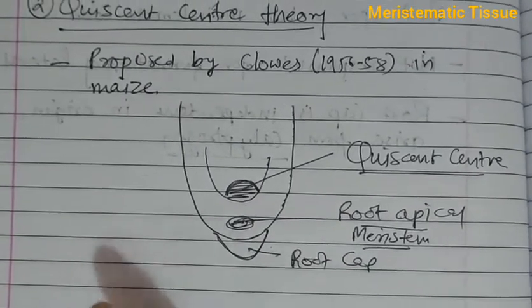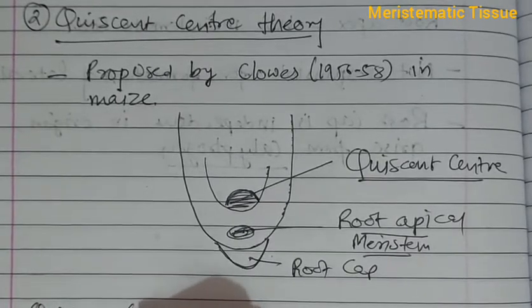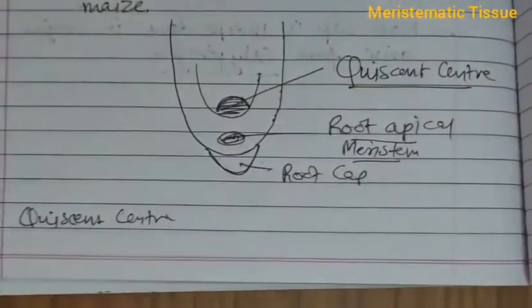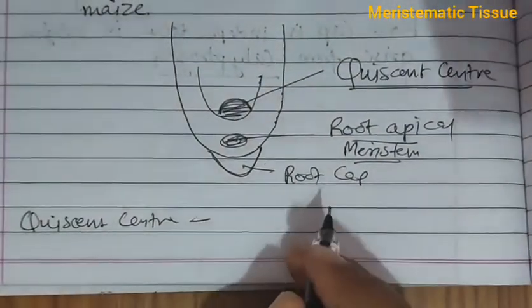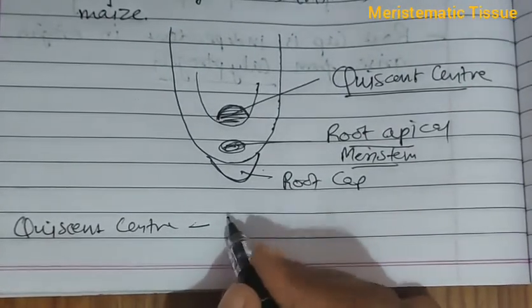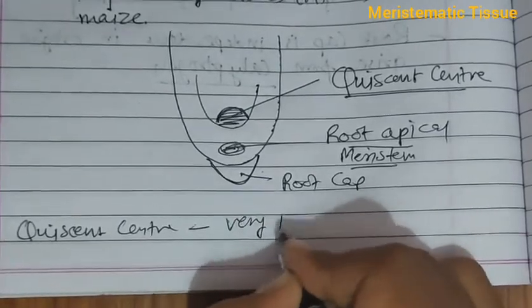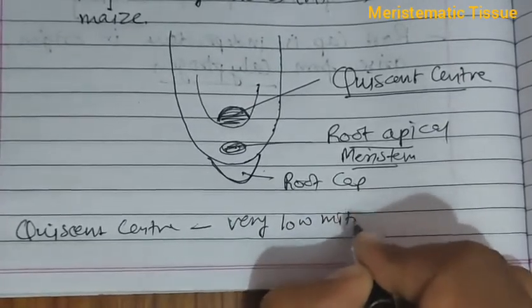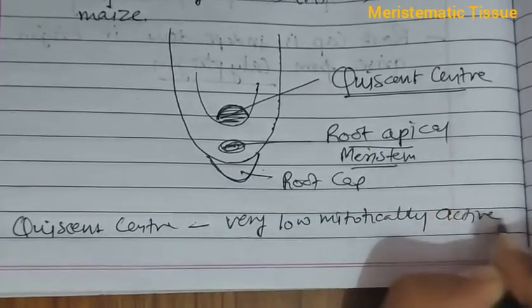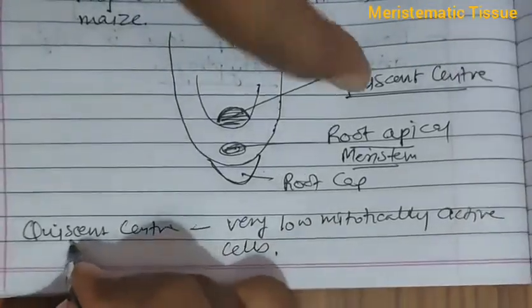Now this quiescent center consists of very low mitotically active cells.